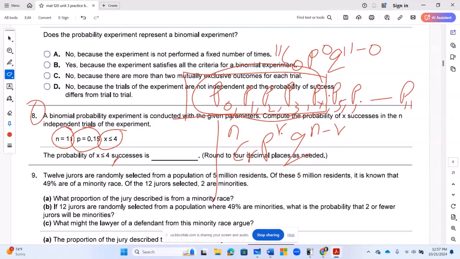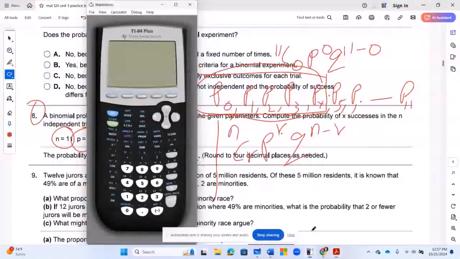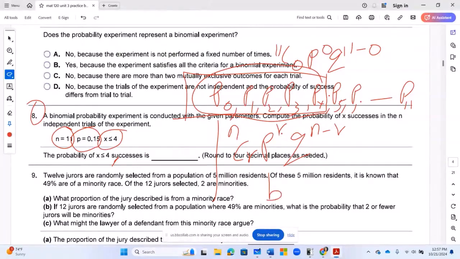So what we're going to do now is bring a calculator and turn it on. But what is the argument? Remember that the argument is the binomial cumulative density function. This is not the normal distribution. This is binomial cumulative density function. This is what I'm going to tell my calculator.